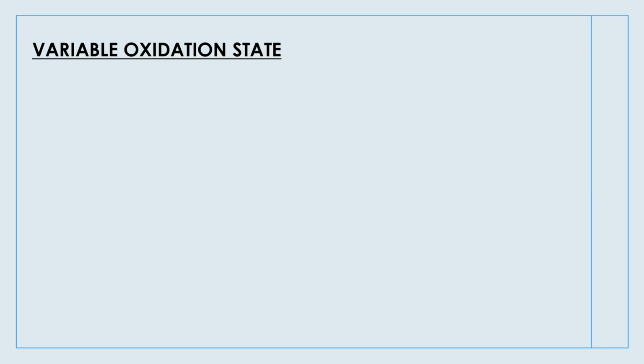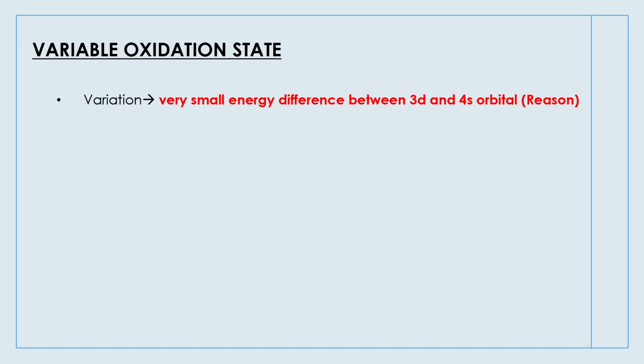If there is variable oxidation state, there must be a scientific reason behind it, as you have already studied in the table that two orbitals involved were 4s and 3d. Those orbitals have very small energy difference between them, therefore it leads to variable oxidation state.